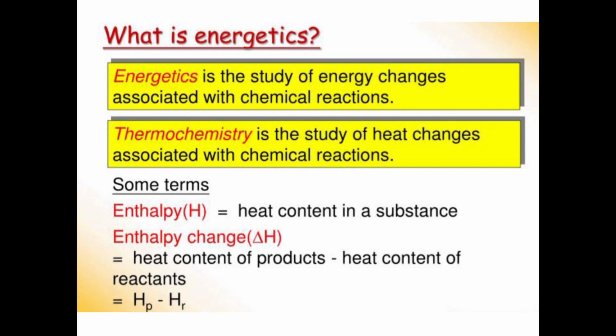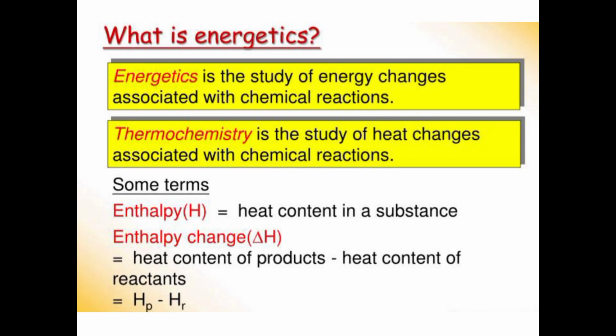So there are a lot of chemical heat changes that are being exchanged. Basically, two things are exchanged in a typical chemical system. You have heat and matter, or energy and matter, that is being exchanged.